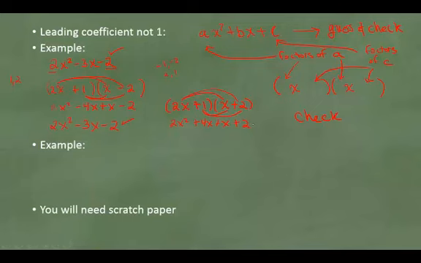So notice that here we get 2x squared plus 5x plus 2, which is not the same thing as 2x squared minus 3x minus 2. So this would not have been the correct one, and you move on to the next guess.